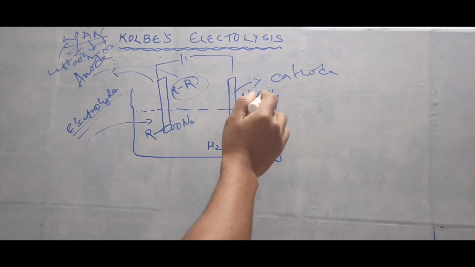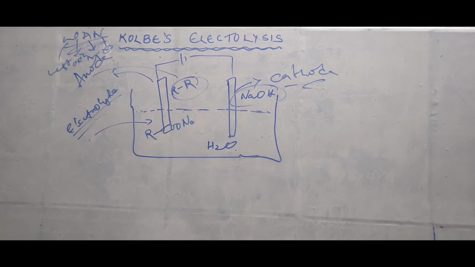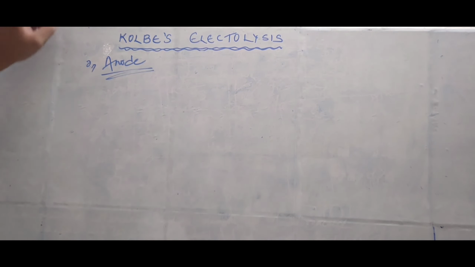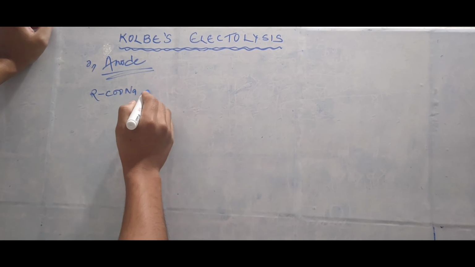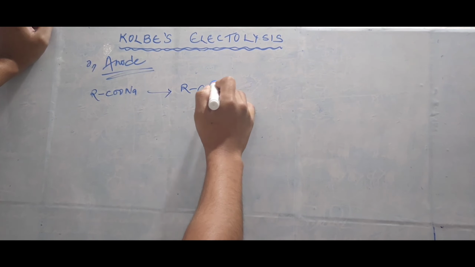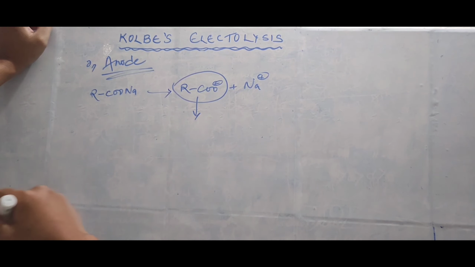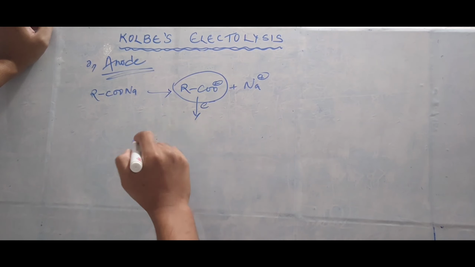So let us see exactly what reactions occur at the anode side. At the anode, we take the carboxylic acid salt of Na or K+. RCOONa is broken down into RCOO- and Na+.